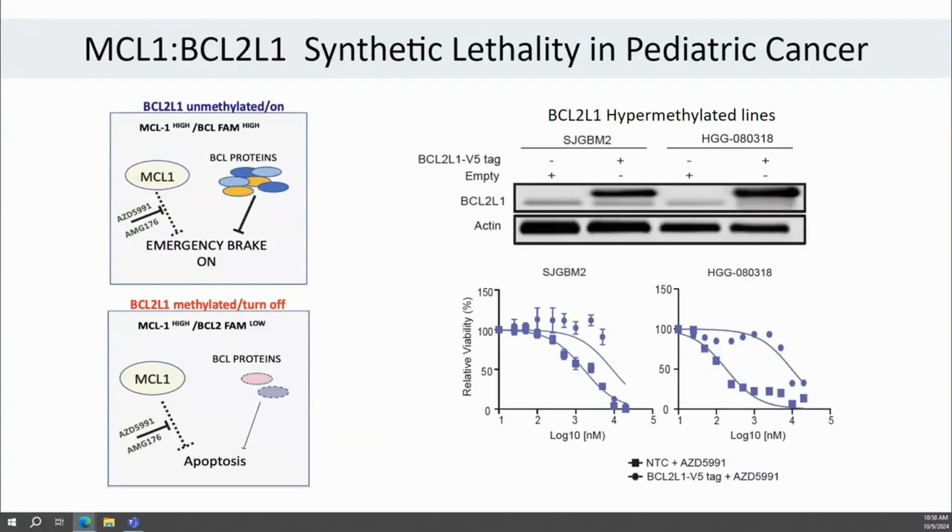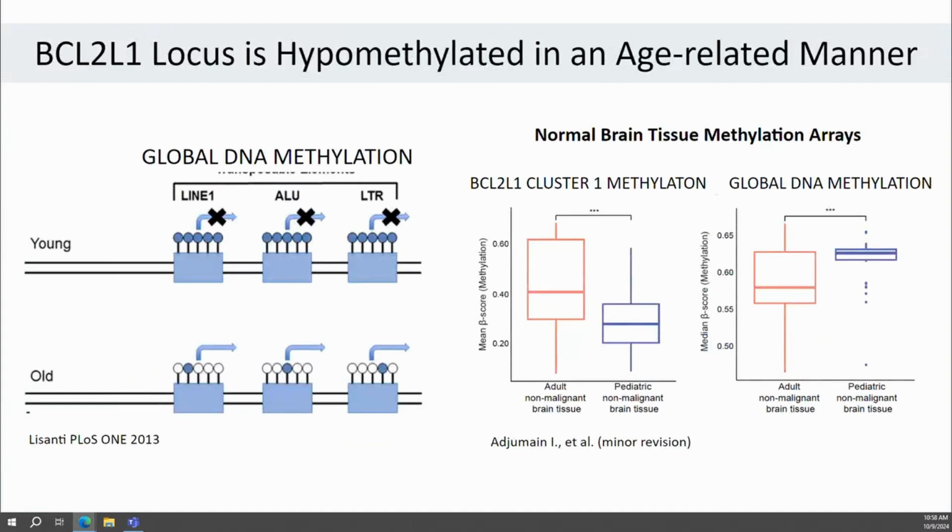At the end of the day, this really does correlate to BCL2L1 expression. We show that if you restore BCL2L1 gene expression by exogenous introduction of BCL2L1 to these methylated cancers, you do in fact generate resistance to the inhibitor. So the methylation clearly does suppress the expression of BCL2L1.